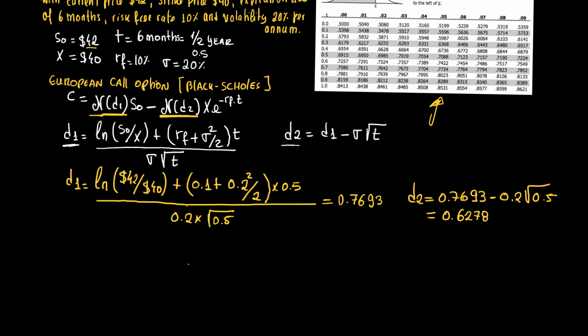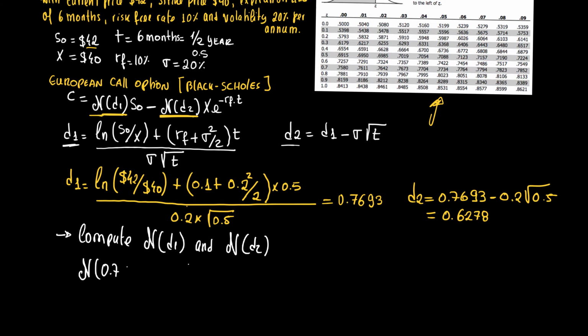We need to compute the values of N of D1 and N of D2. In other words, I want to know the value of N of 0.7693. And what is this equal to? Well, the trick is the following.